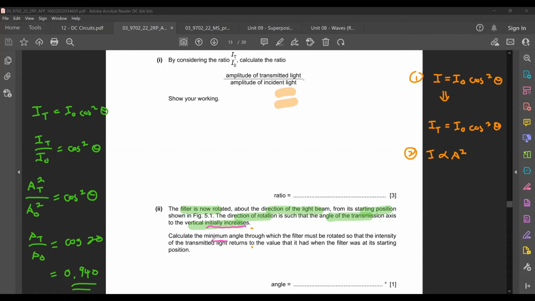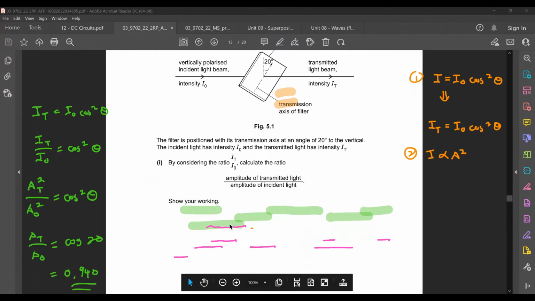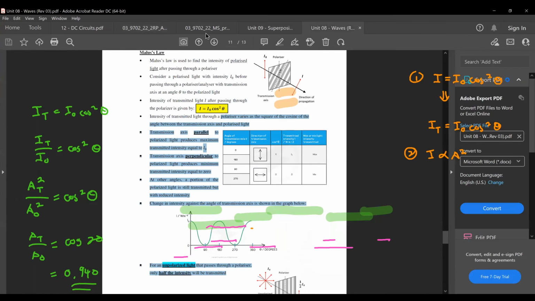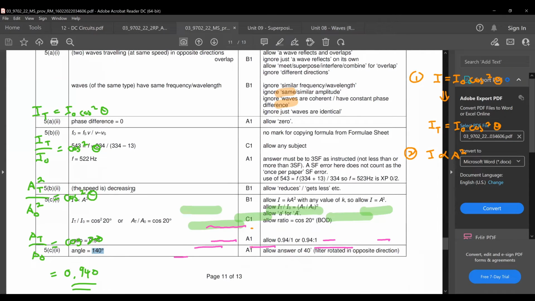Find out the minimum angle that the filter must be rotated so that the intensity of your transmitted light returns to the value it had at its starting position. So the answer for this is 140 degrees.